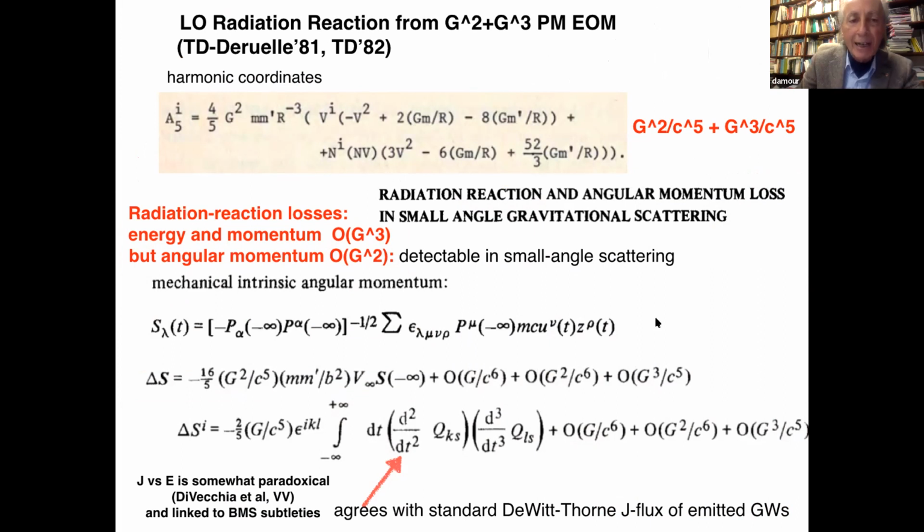And at the time, it was noticed in collaboration with Nathalie Deruelle that there are radiation reaction effects at the G squared level. And you see them in small angle gravitational scattering.